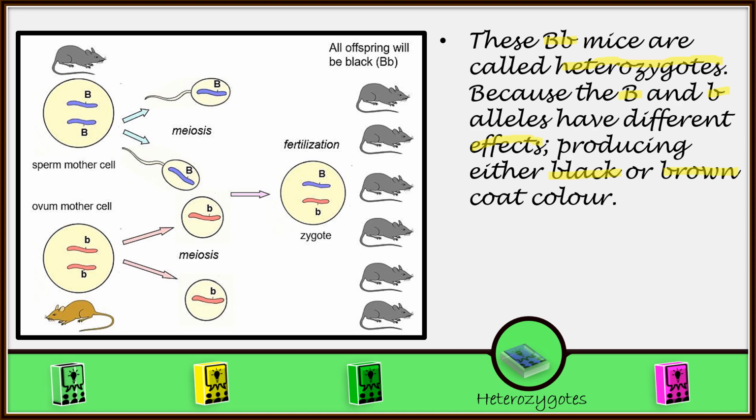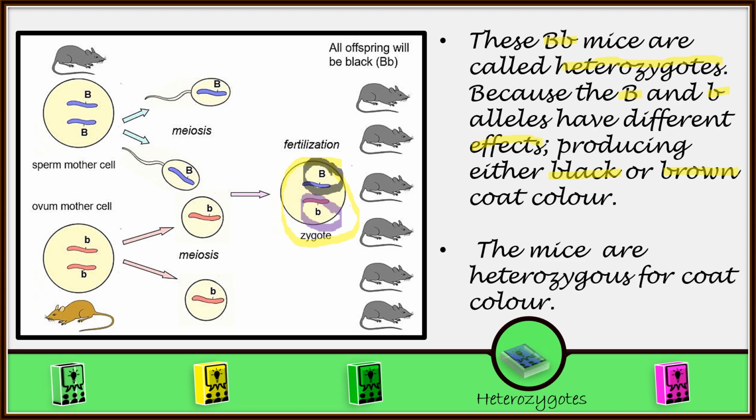So our zygote, which we have got, has the capital B allele, which instructs the coat color to be black. And then we have also small allele b, which instructs the coat color to be brown.